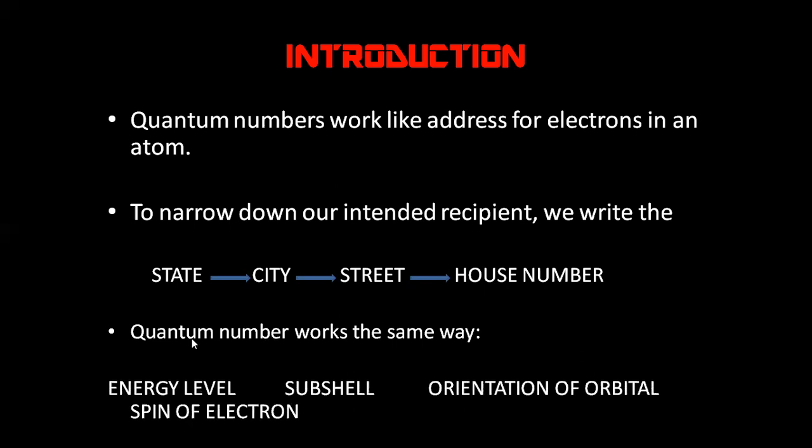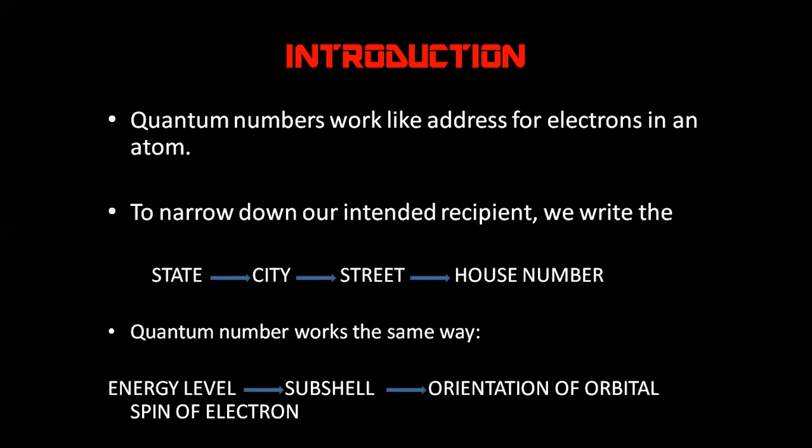First is the energy level, which is given by the principal quantum number. Then we have the subshell, which is given by the azimuthal quantum number. Then the orientation of the orbital, which is given by the magnetic quantum number. And finally, the spin of the electron. So these 4 things are required to identify a particular electron in a multi-electron system.